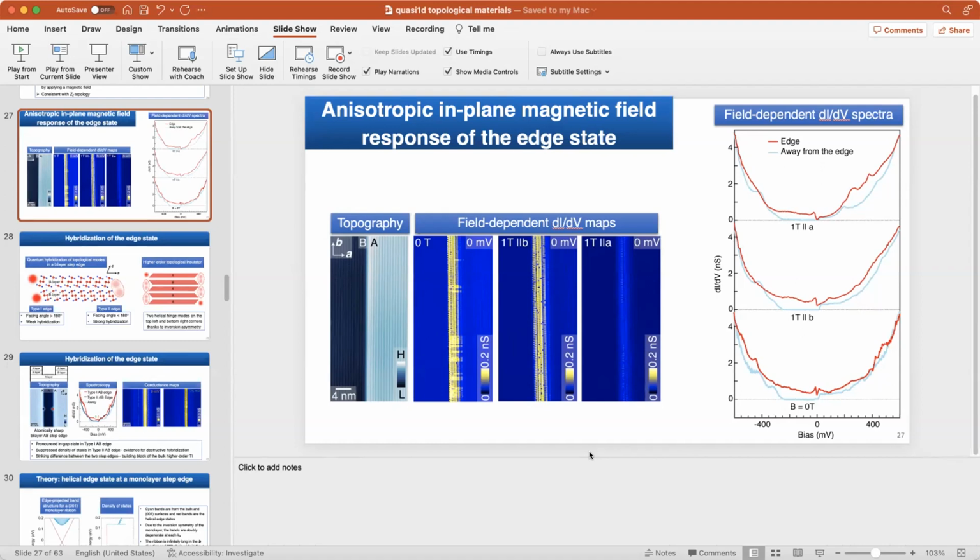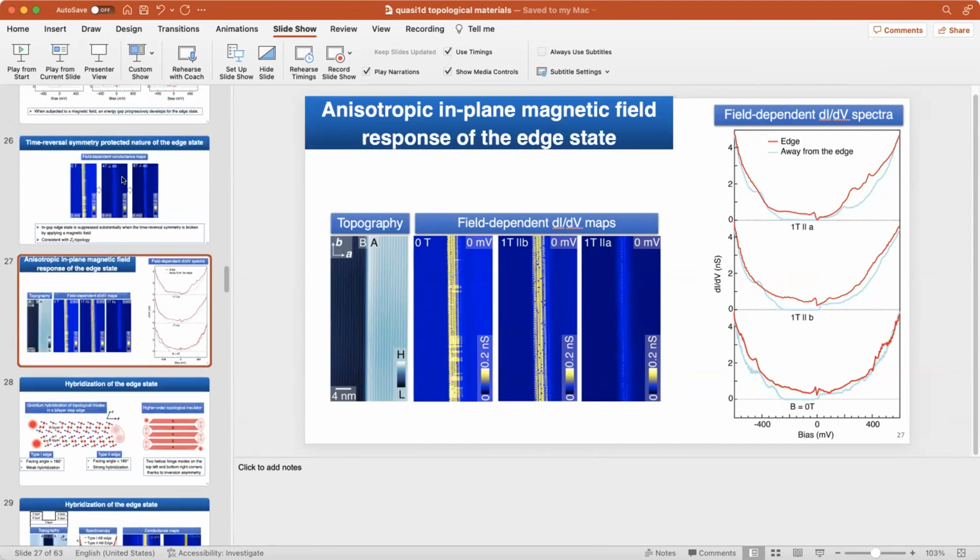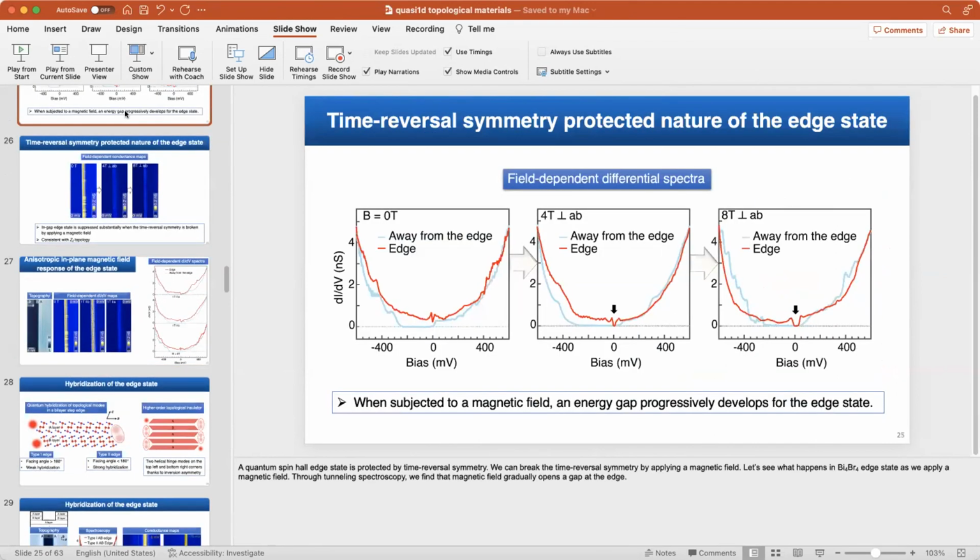But when you go back to slide 25, if I'm not mistaken, when you apply the field, the gap opened, got bigger at 4 Tesla, and then decreased again at 8 Tesla. Am I correct?